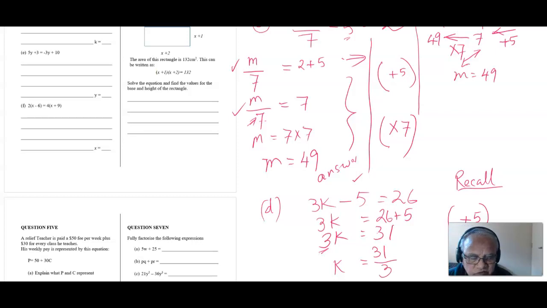This is the way we write in algebra. Now dividing 31 by 3 is going to be a little bit tricky without a calculator. So if you don't have a calculator next year, just leave it like that. Leave it as a fraction.